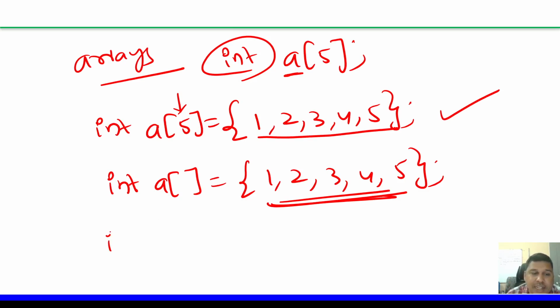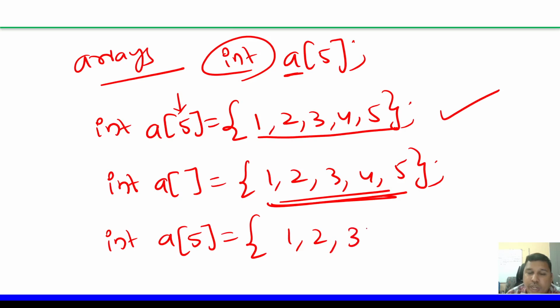Okay, suppose the other case: if I give int a[5], and I give 1, 2, 3 alone, what about the other two values? What will happen? If I give a[5], and only 1, 2, 3 are given, what about the other two values? See, in the program itself, we are assigning the values.